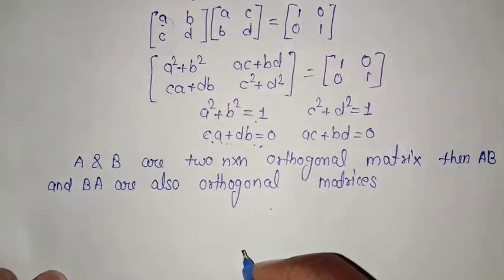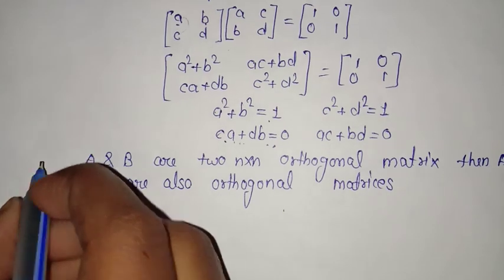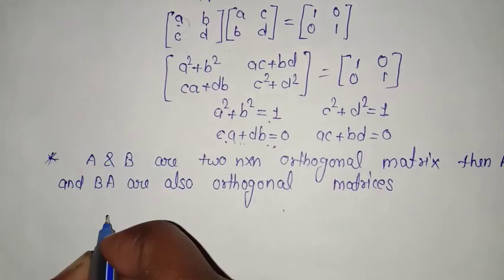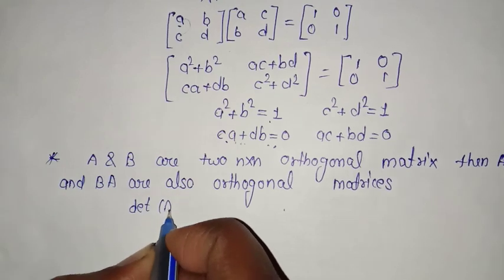And you can prove it very easily. Now the next property of these matrices is that the determinant of these kind of matrices is always equal to plus minus 1.